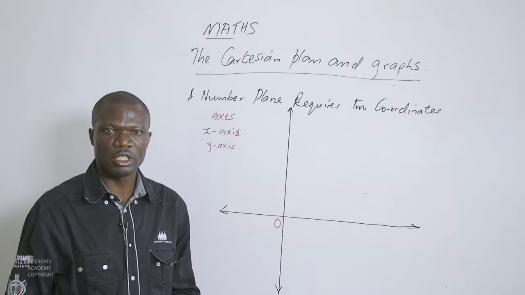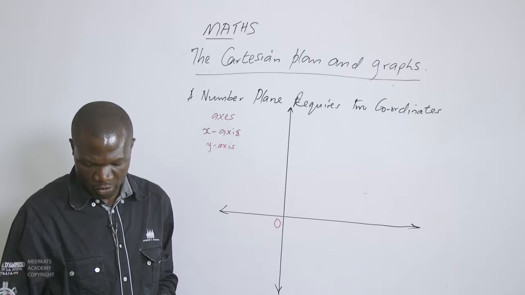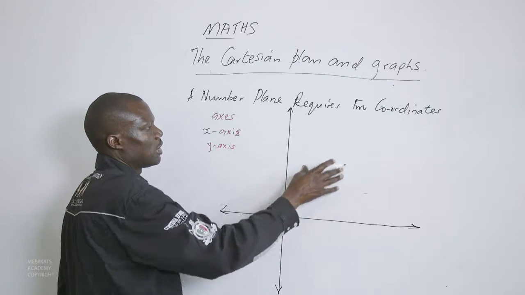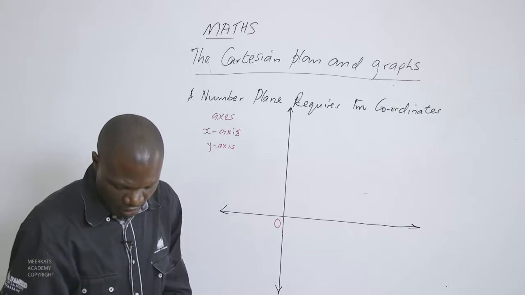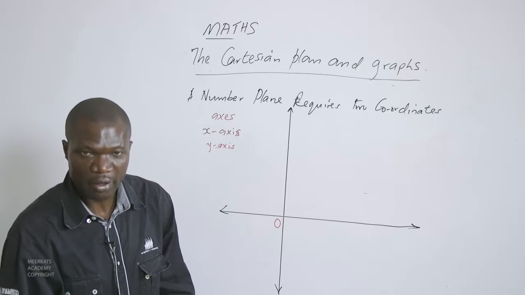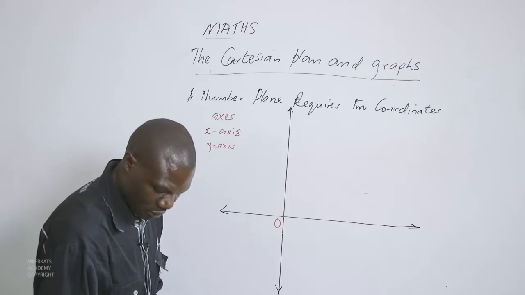As we have seen earlier on, on a Cartesian plane we have so many lines running along.